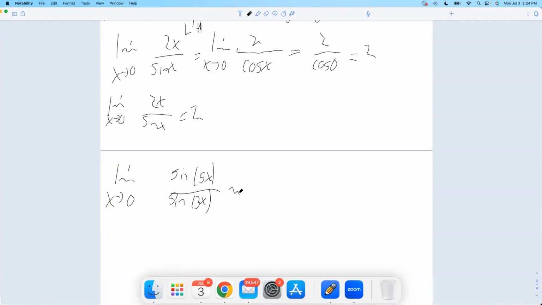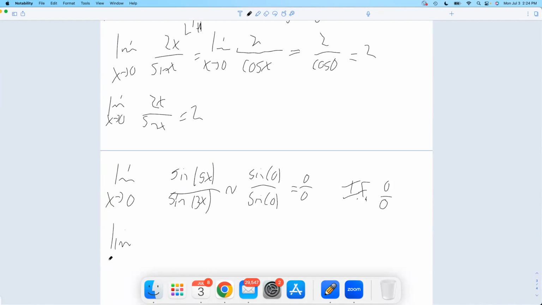So this will go like, we'll tilde here, sine of 0 over sine of 0. Sine of 0 is 0. So my indeterminate form is 0 over 0. So I'm allowed to try L'Hopital's. If you don't have 0 over 0 or infinity over infinity, you're not allowed to use L'Hopital.